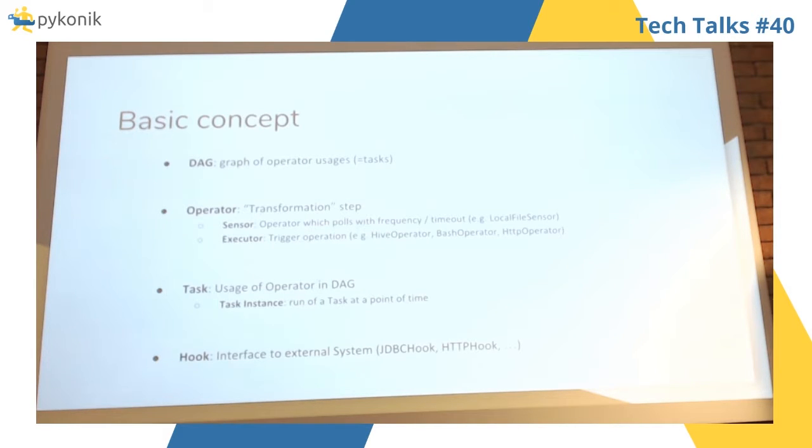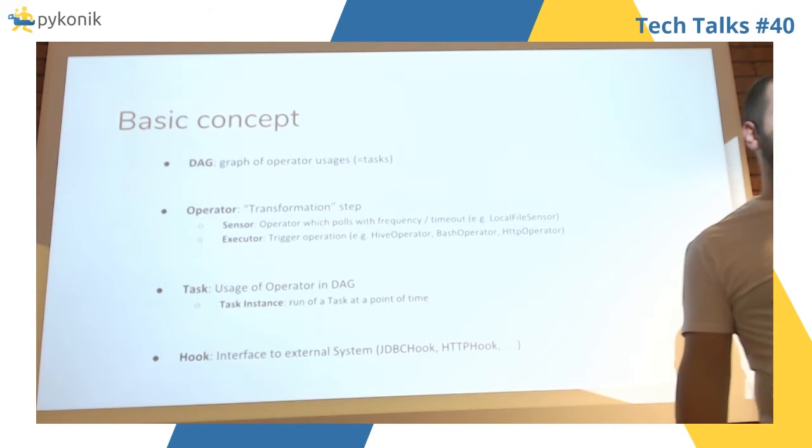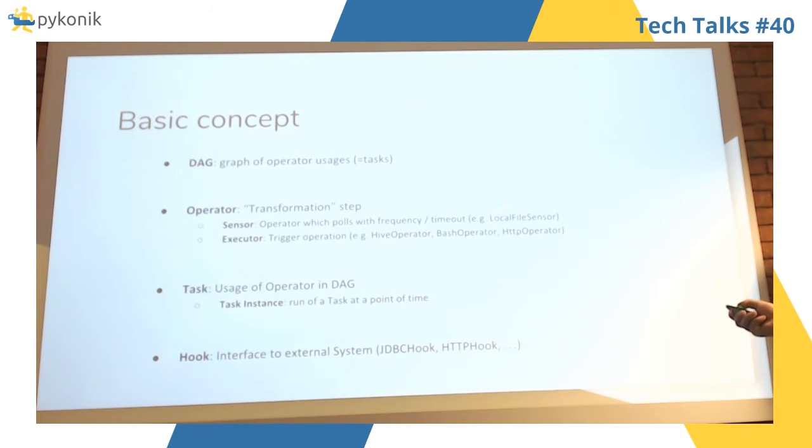Operators can be divided into sensors and executors. There are a few other operators I will show you. Sensor is something that you can use to check the state. For example, if you use a local file sensor, you can stop processing and wait until the data is pushed to some SFTP server, for example, and you wait with your processing until it happens.